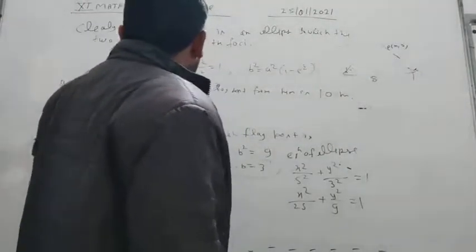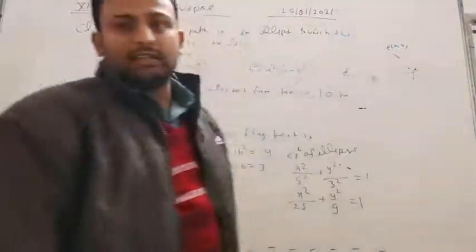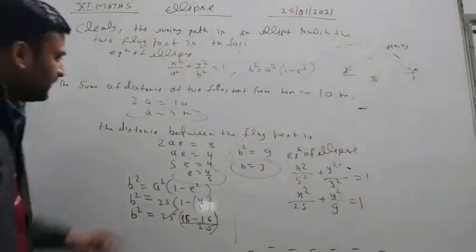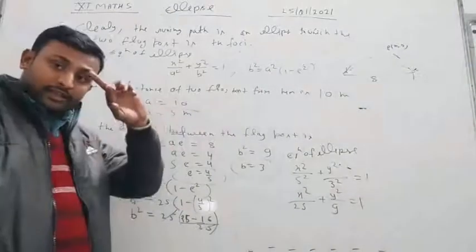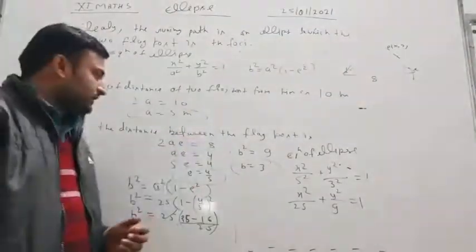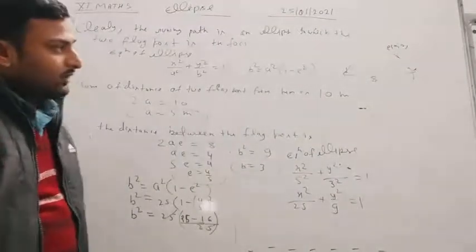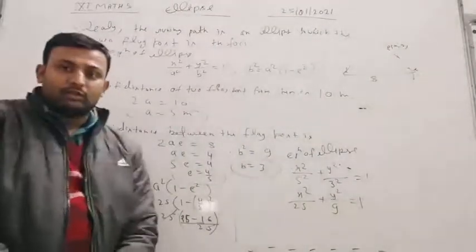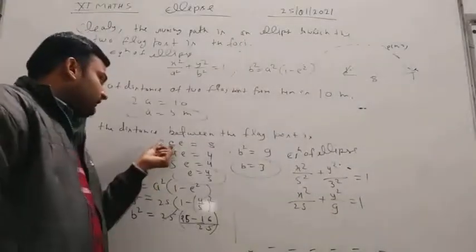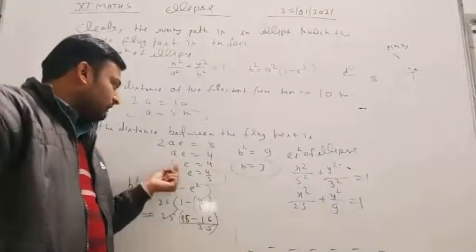The sum of the distances of the two flag posts from him is PS plus PS dash, which is always 2a, given as 10, and from here we find a is 5. Now the distance between the flag posts, that is SS dash, the distance between the foci, is 2ae equal to 8, so ae is 4, a is 5, so e is 4 by 5.